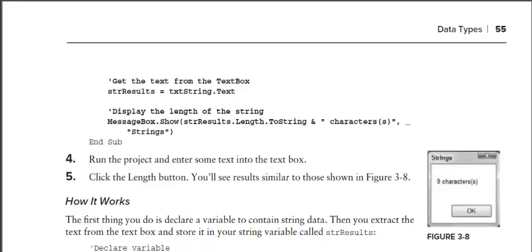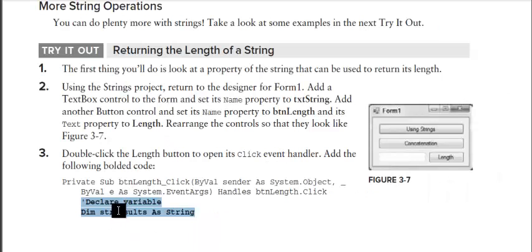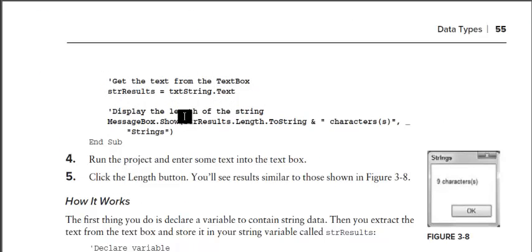Okay, so now I assume that you did it. Now that you typed it, let's see what it says here. We define a variable as a string, and then we take that and we use its text property, or rather its text method.